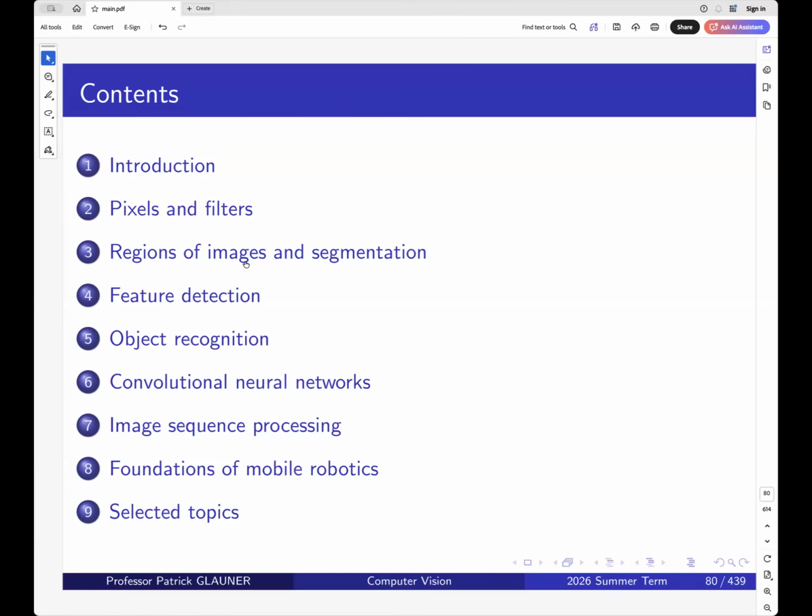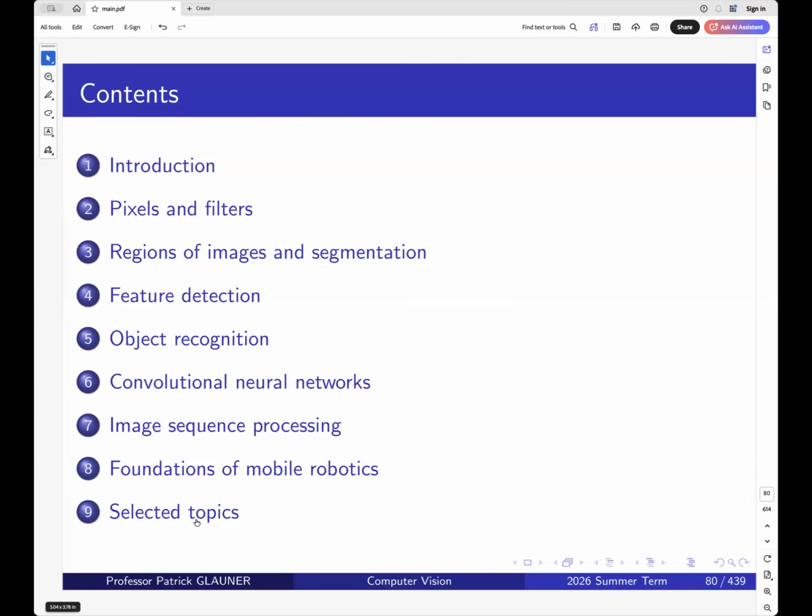Next week, we will start looking into a little bit of mid-level vision when we look at regions of images and segmentation. We see some more advanced features next week as well. In a few weeks' time, we will come back to low-level vision when we look at image sequence processing, which is an advanced topic, but there are some low-level vision tasks as well, like optical flow or depth. Depth is something we see in the selected topics.